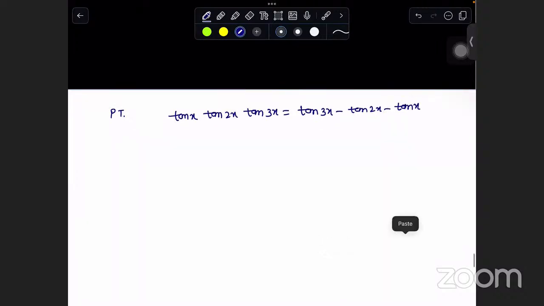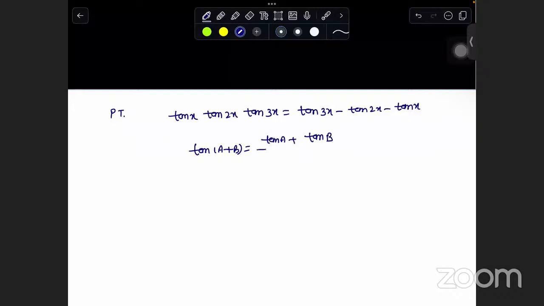See, for this question, I will be using a formula. Tan A plus B is equal to tan A plus tan B upon 1 minus tan A tan B. So tan of 3x can be written as tan x plus 2x.